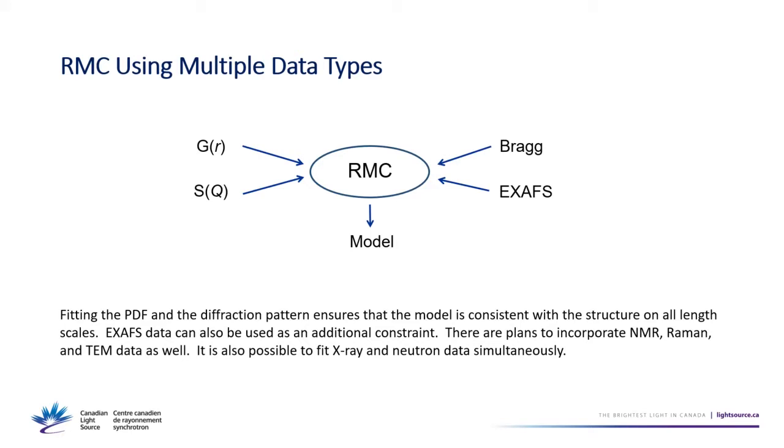You can also put in the Bragg data if you have a crystalline compound, and that gives it the three-dimensional information that you don't have in the one-dimensional PDF. You can also add in XAFS data. And the developers have plans to incorporate other types of data like NMR, Raman, and TEM. So you can put a whole bunch of different data sets in at the same time to refine them, and you get out a single model.